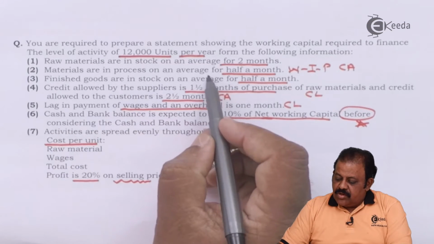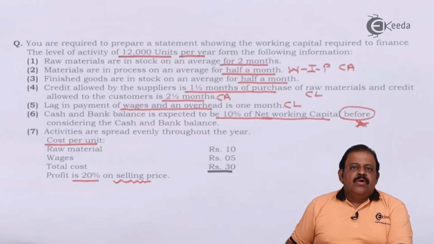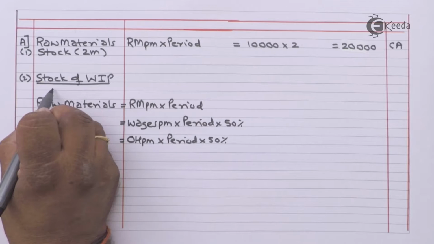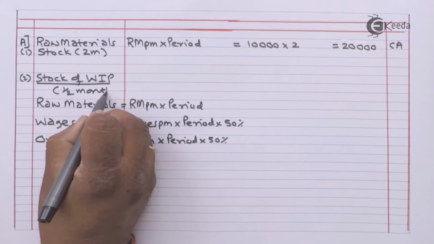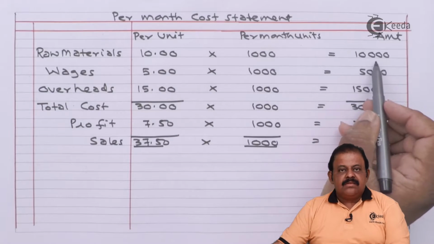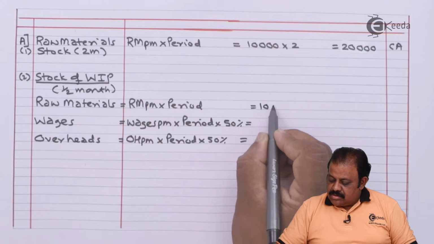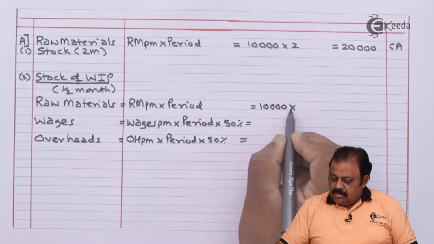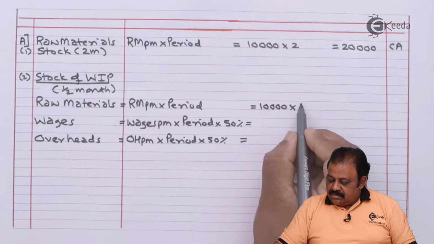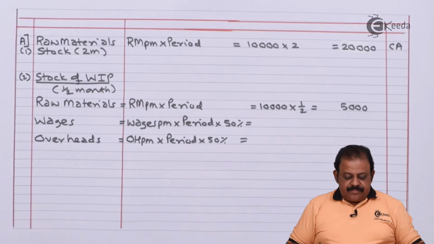Materials are in process on an average for half month. This is information for work in progress stock. Raw material per month 10,000 multiplied by period half month, it's 5,000.